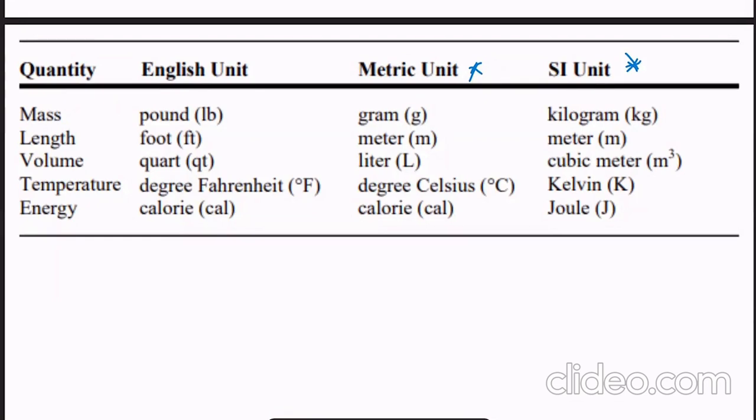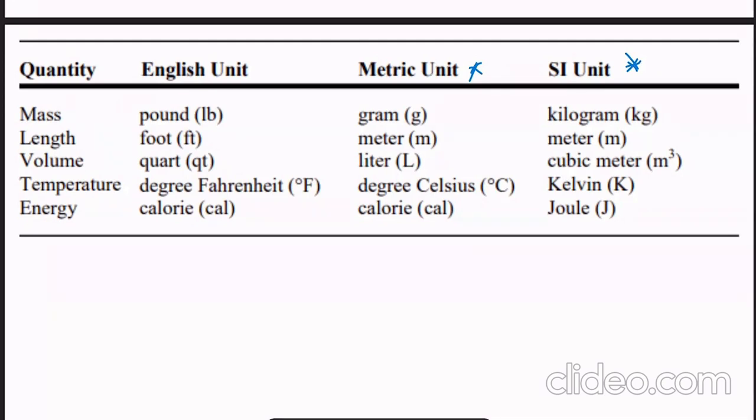English units just don't make a lot of sense because there's no real relationship between them. 12 inches make up a foot, 3 feet make up a yard, 5,280 feet make up a mile. That's ridiculous that none of those relate to each other.